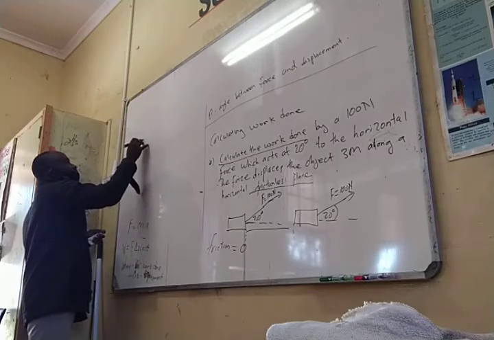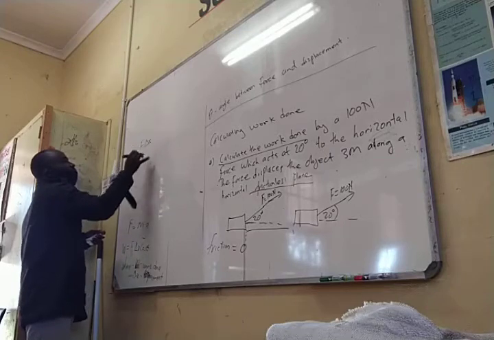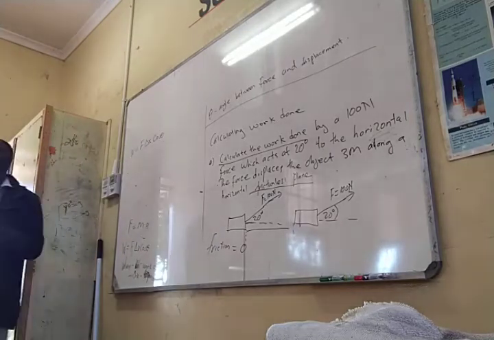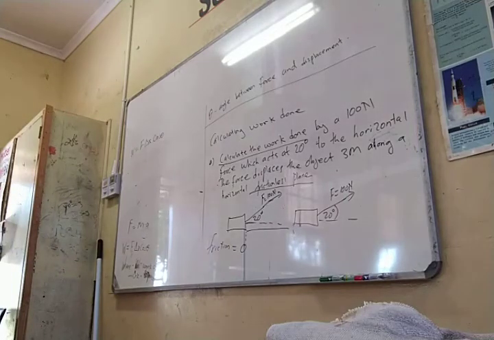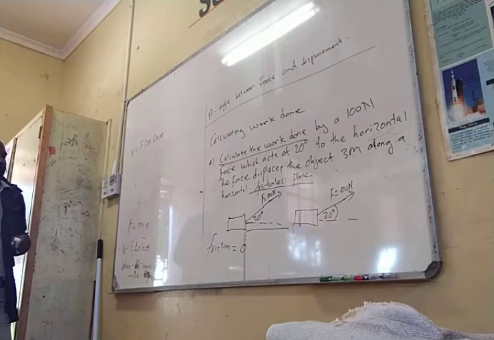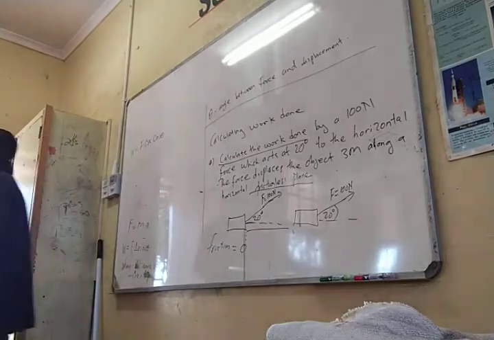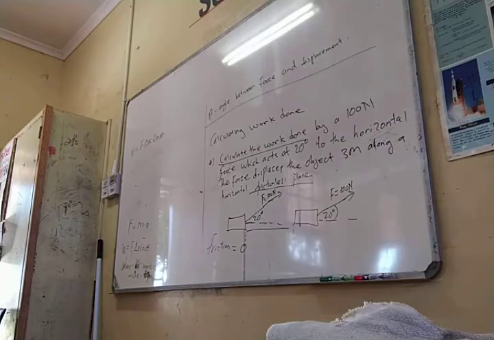Work equals F delta x cos theta. So this is when a force is applied at a certain angle. In this case, we do have the force F here. The force which is given is equal to how much? 100 Newton.